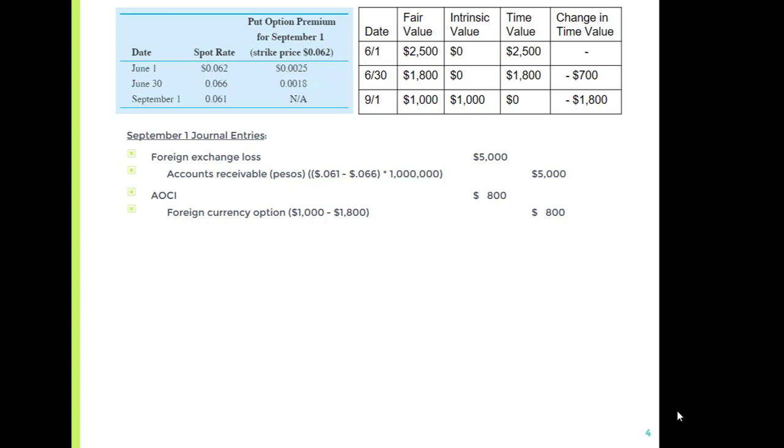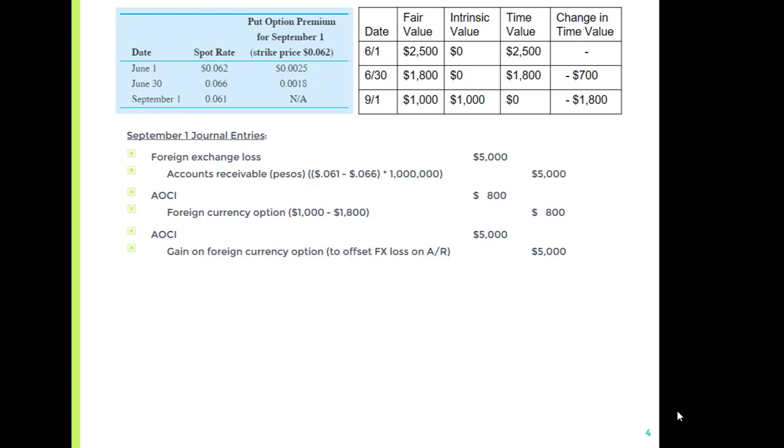And we do that via credit to foreign currency option for $800, and we debit accumulated other comprehensive income for that amount, $800. Again, we have a cash flow hedge, so we offset the foreign exchange loss on the account receivable with a gain on the foreign currency option in the amount of $5,000 to reflect the perfect offset.